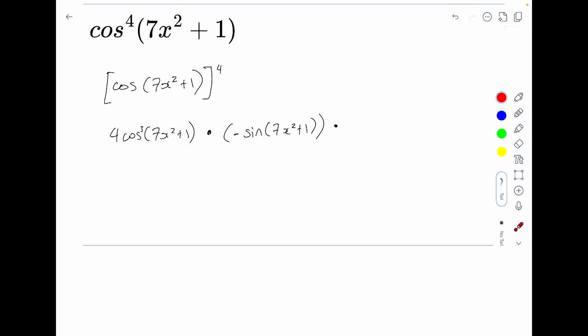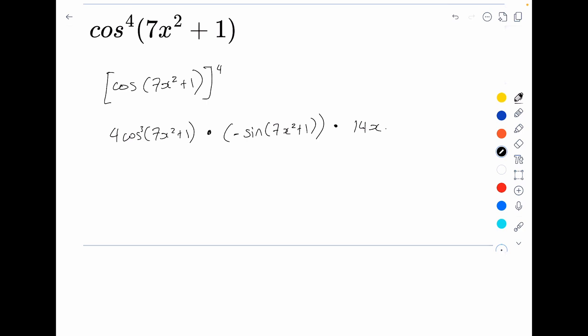Now we go even further. We now have to, sorry, not integrate, differentiate. Now we differentiate 7x squared plus 1, which is going to equal 14x. Okay. Brilliant. So, we then add that all together.